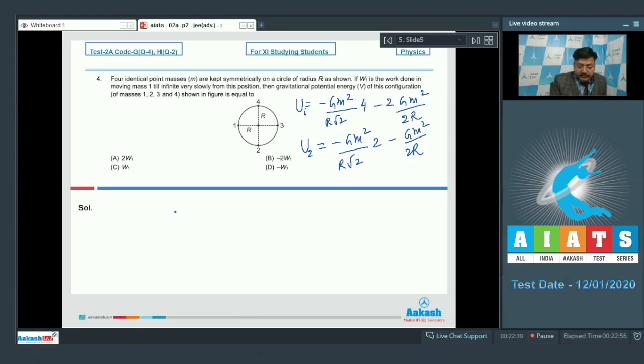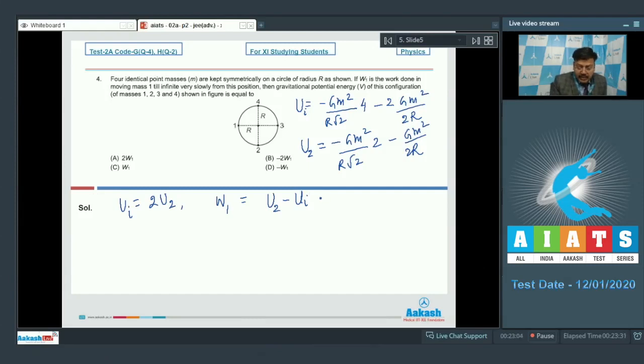So we can see that Ui is actually 2 times U2, and the work done W1 is equal to the change in potential energy of the system, right? So that means U2 minus Ui, and as we just saw, U2 is half of Ui.